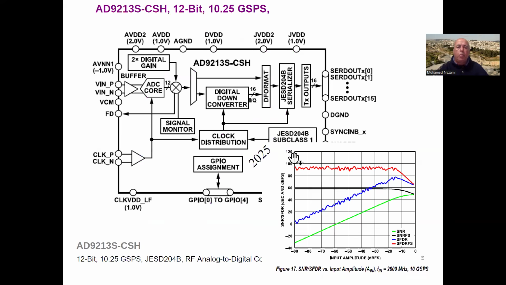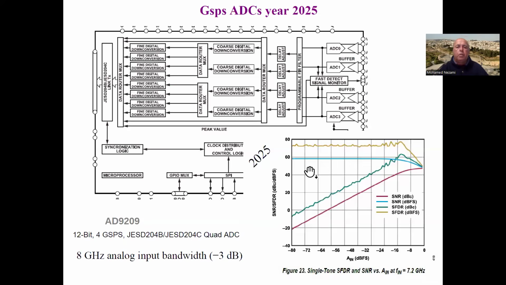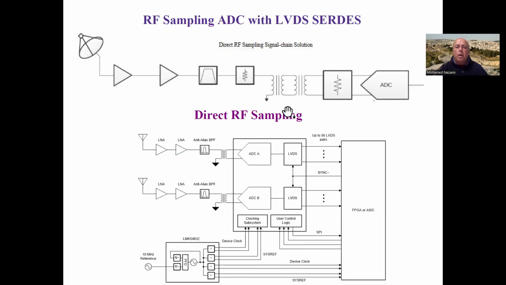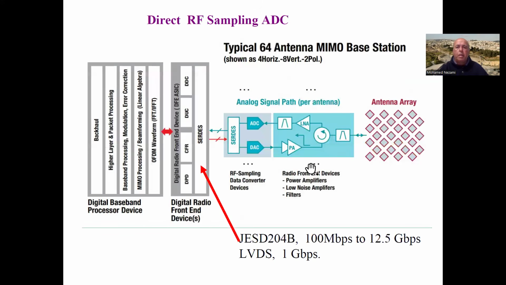So I'm going to stop right here, and then we're going to go further, looking at how you actually utilize these devices for direct RF sampling from the antenna. Okay, so I'll stop right here, and I will see you in the next one.